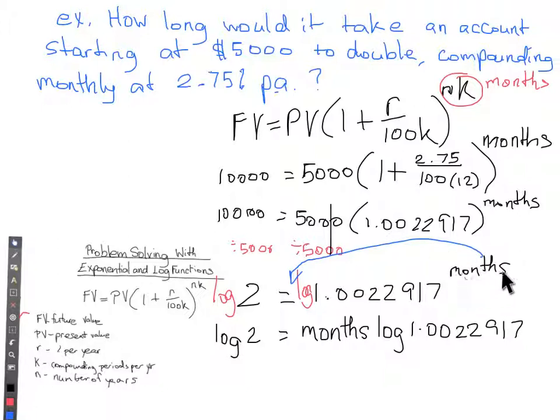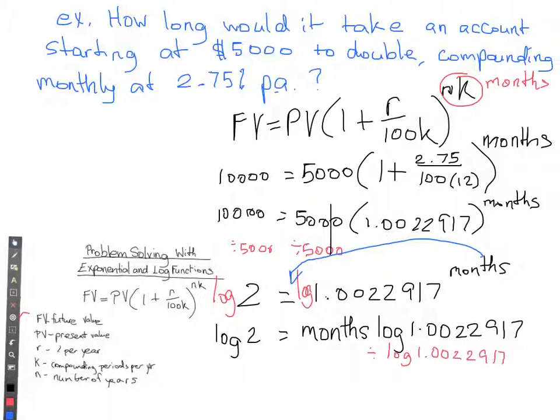How would we solve for an exponent that we don't know? Well, now we have a coefficient that we don't know. And I think all of us know that to solve for a coefficient, all we have to do is divide by this expression. Of course, what we do to one side, we have to do to the other side. So now we can isolate the months.